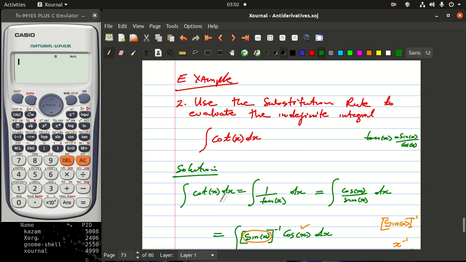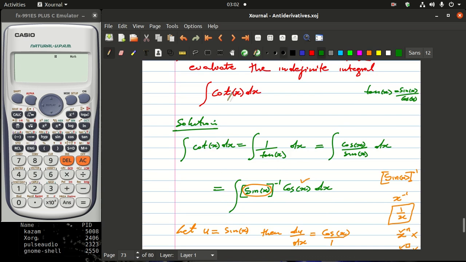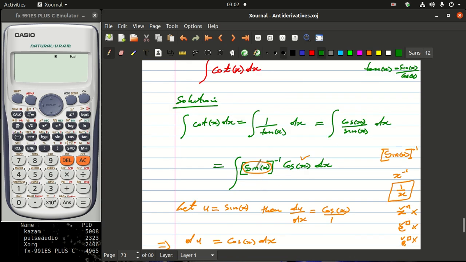In example 2, we did the same thing. When we had a cord, we evaluated and ended up finding this. I know the antiderivative of that, but the issue is this whole thing. If this was x, I would be able to do it. If this was e, I would be able to do it. If it was a, I would do it. But now it is not, so let me let it be equal to u.